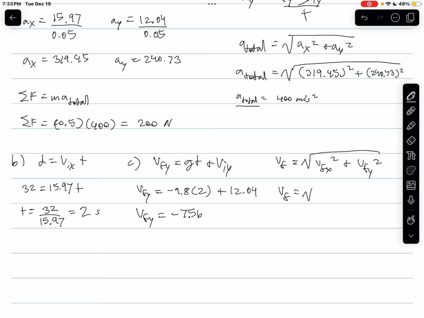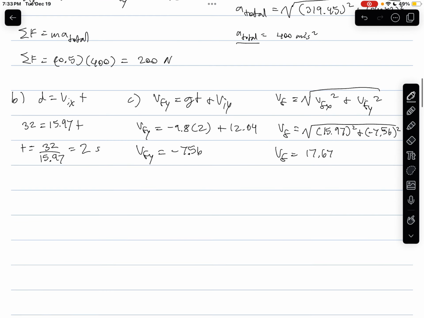So I know VF is going to be 15.97 squared plus negative 7.56 squared. So VF is going to be 17.67.